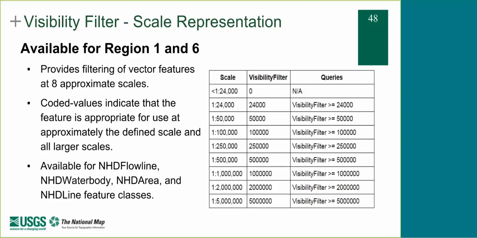So for example, if you wanted to take a look at the NHDPlus High Resolution product and do a comparison to the medium resolution, you could put a display query, or you could also use a select by attributes query and enter visibility filter greater than or equal to 100,000, and that would show you all of the features that were appropriate for use at that scale and anything larger.